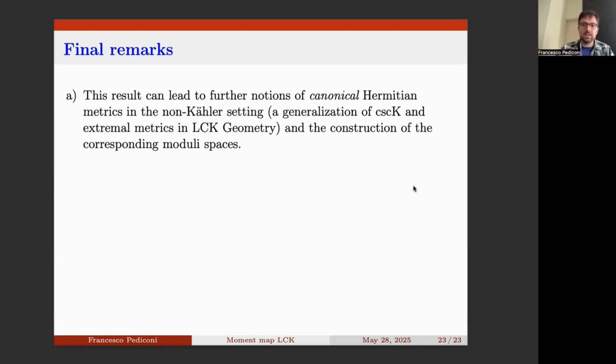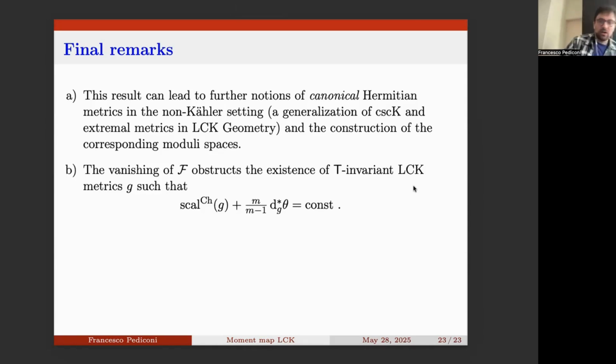So it can be seen as a sort of geometric way to find a good notion of canonical metric in this setting. And also via the GIT machinery, this can also lead to the construction of the corresponding moduli spaces.